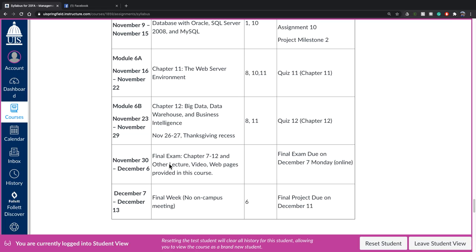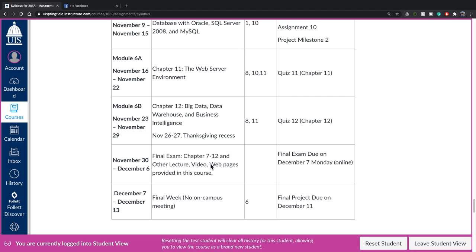If you can wrap up your project by December 6th and then finish up your assignment, you're done with the class, right? But for those of you who want to make your project more complete, I believe the due date is December 11th, so you have all the time until December 11th to finish everything. But again, the exam will be right before.